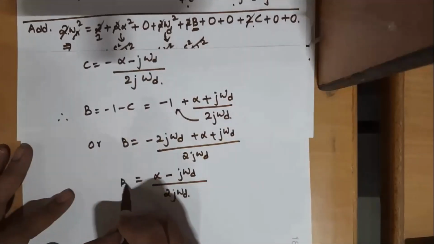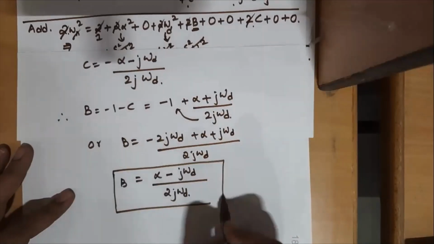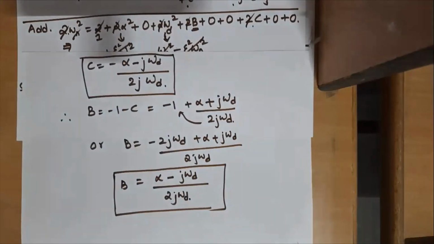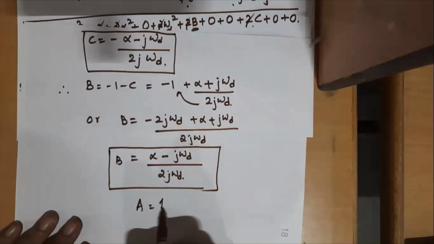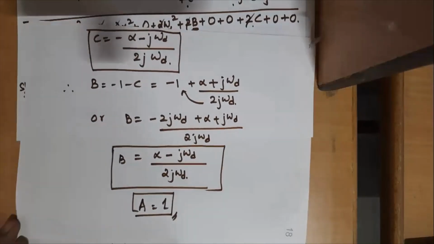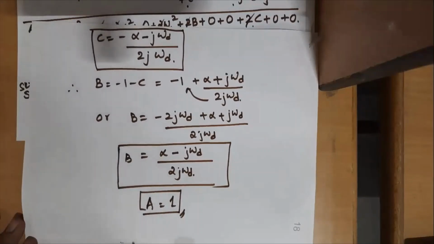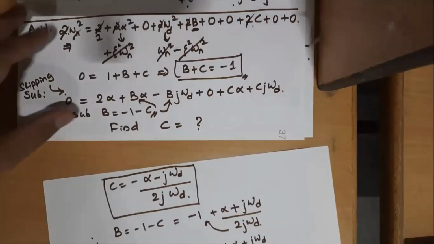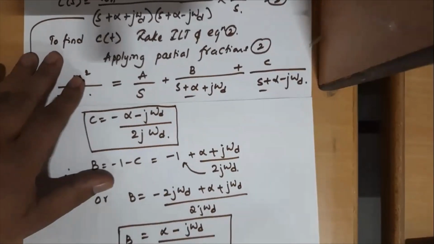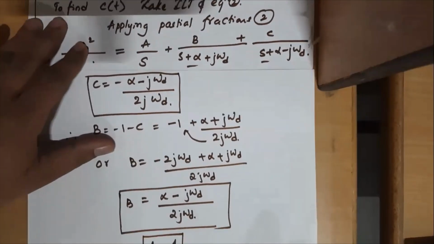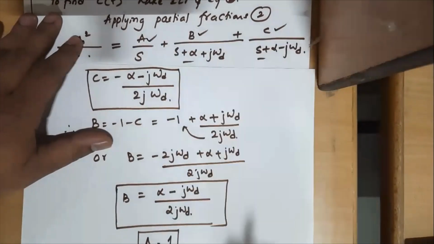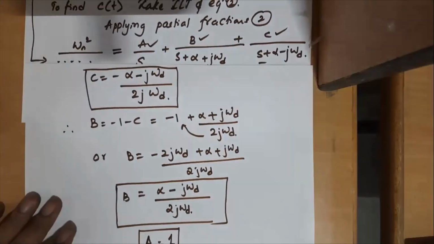Okay, so we got b also, we got c also, and we already know what is a. So all the constants are known now. What is the next step? So straightforward, substitute a, b, c, whatever you got, in this equation.